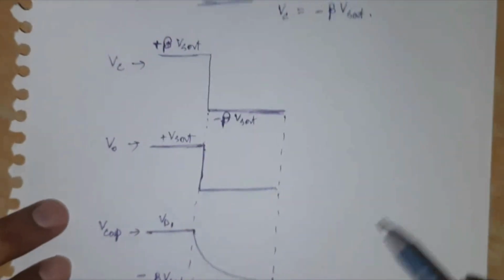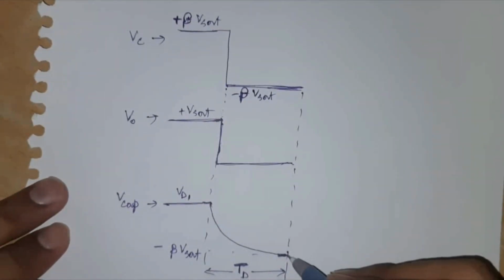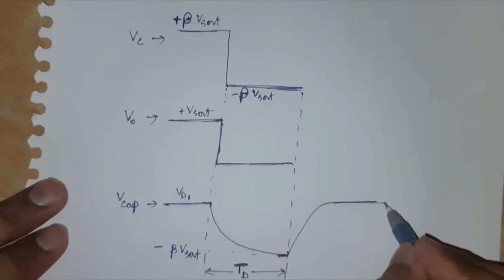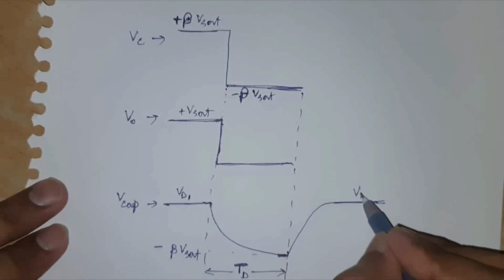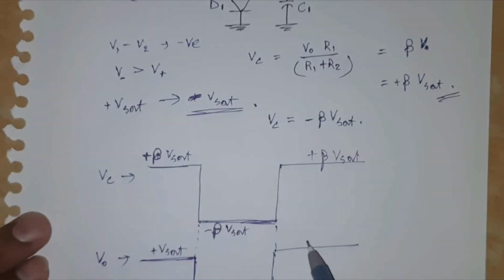After this the output will be plus V sat, and hence it will again start to rise, and go towards its constant value of plus VD1, and also plus V sat.